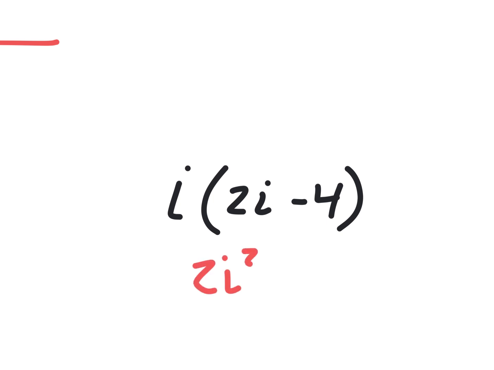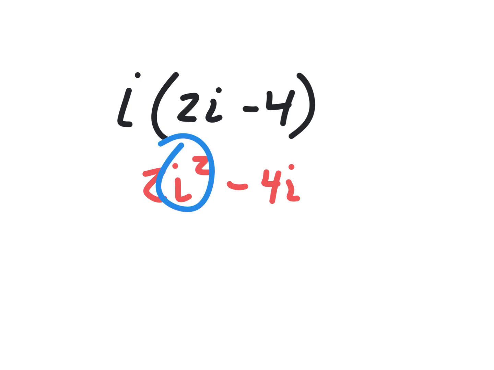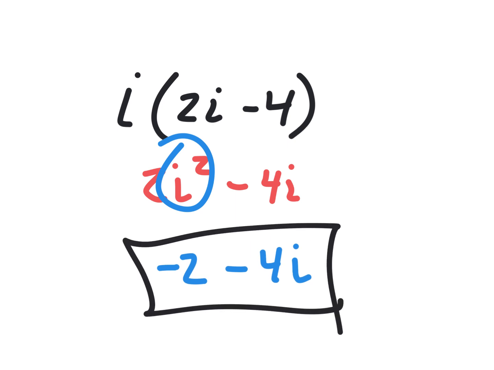If you left 2i squared in your answer, you failed. The whole point was that i squared is what? Negative 1. So if you put that negative 1 with the 2, then it is negative 2 minus 4i. And if you by accident put the i first, you did it wrong. It's supposed to be like this, because the real part's first, imaginary part's second.